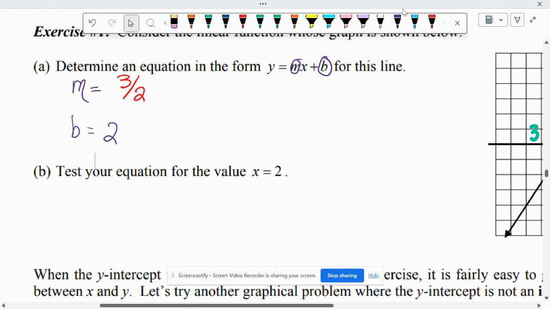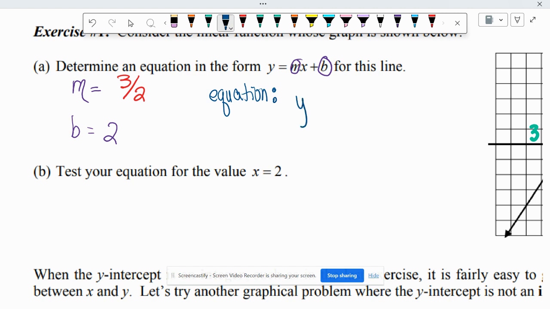So what's the equation going to look like? Yeah, y equals 3 halves x plus 2. We just substituted in the value of m with 3 halves and the value of 2 for our b. That's all we did.